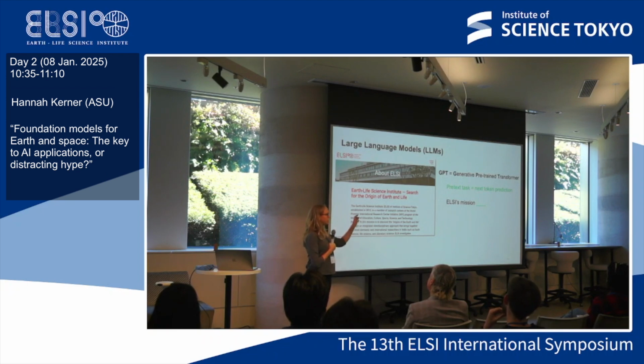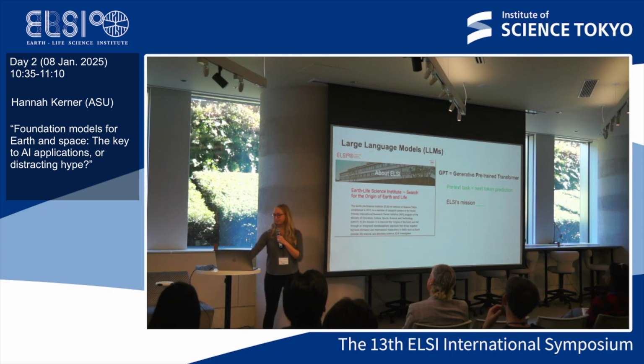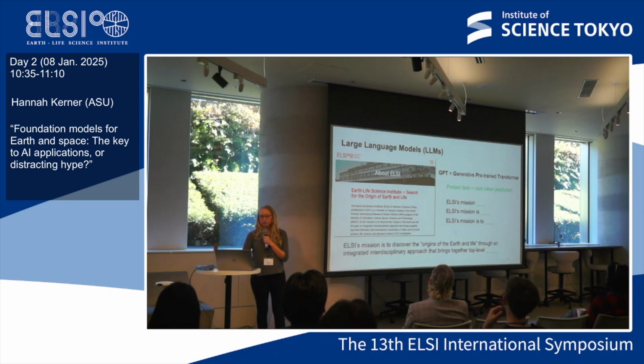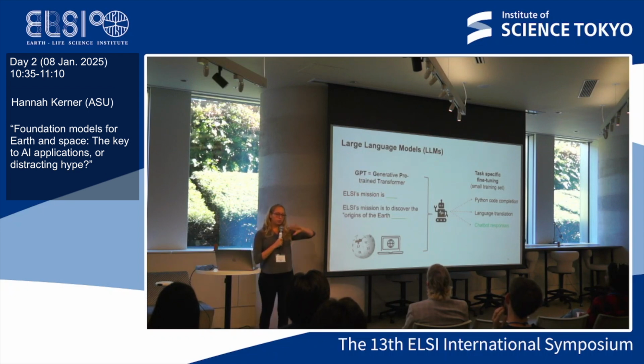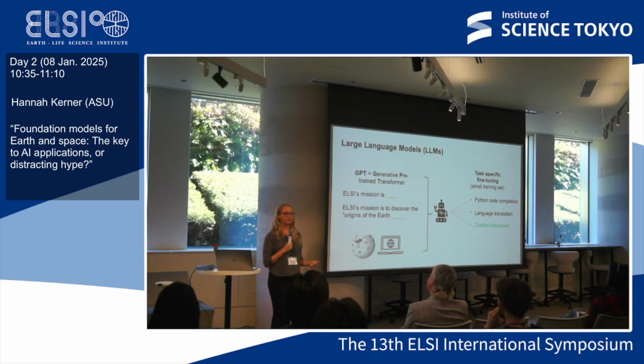The goal is to take whatever previous words, like ELSI's mission, and predict the next word. So ELSI's mission is, for example, and so on. You can see how in this way we can create infinite examples to train a model on without ever having to label this data ourselves. And after training the model on all of these examples across the entire internet, now we have a model that's very good at predicting the next word.